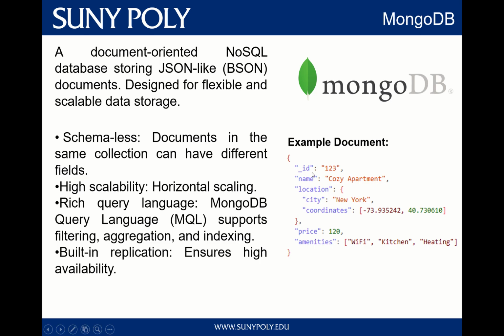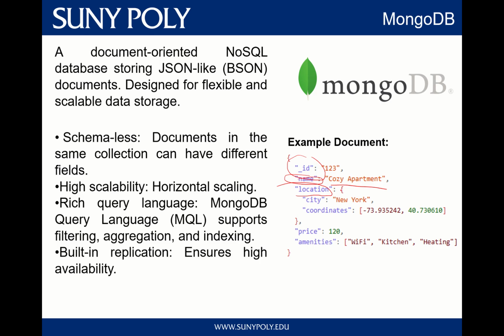For example, this is for an apartment. It shows the name is one of the fields, with the value apartment, the ID, of course, that's important in our database, and the location. Please notice that the location is not a single value.